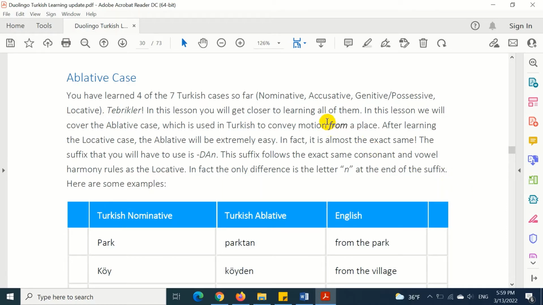Whenever a noun functions as a source, you use the ablative case, and with ablative case you use the suffix dan. It also can be den, tan, ten, considering all those vowel and consonant harmonies.